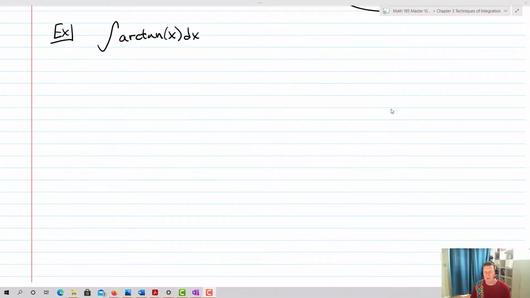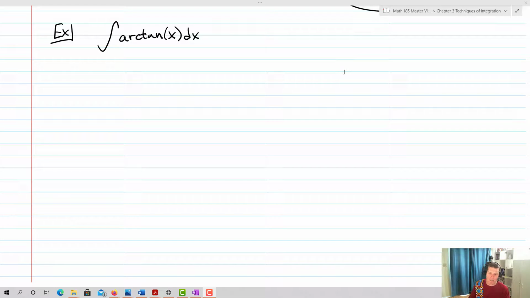So here's another class of functions where, by utilizing integration by parts, we can find integrals for functions that we couldn't find before. A great example of this is the integral of arctan of x dx.